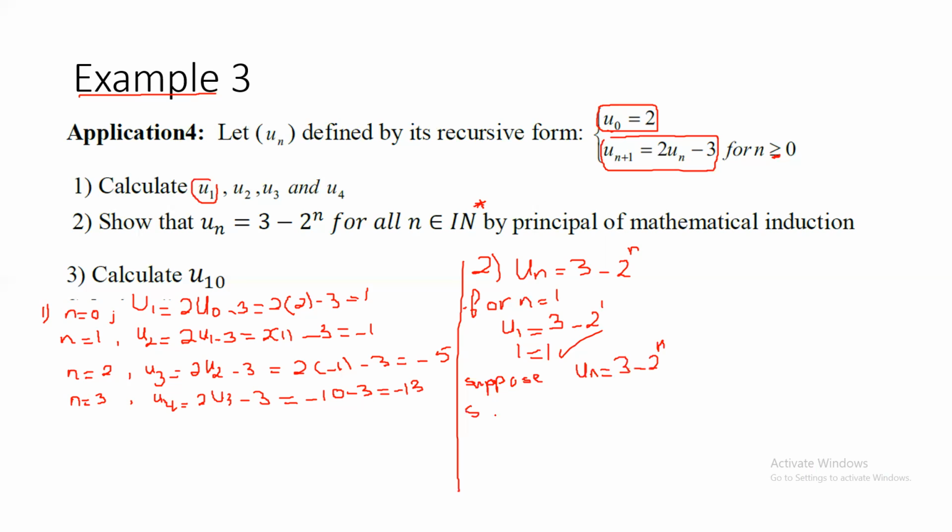Step 3, show that un plus 1 equals 3 minus 2 to the n plus 1. We have to prove it.